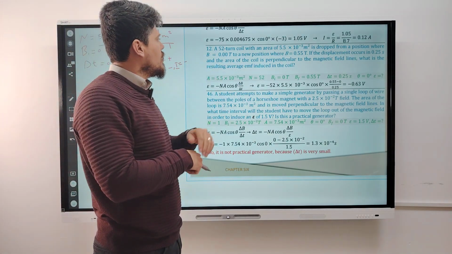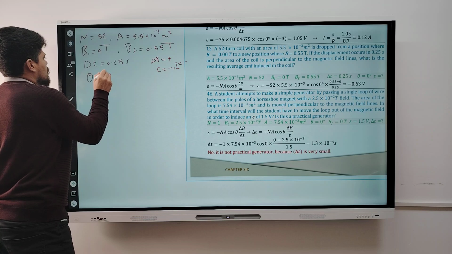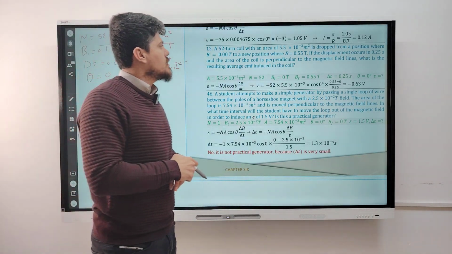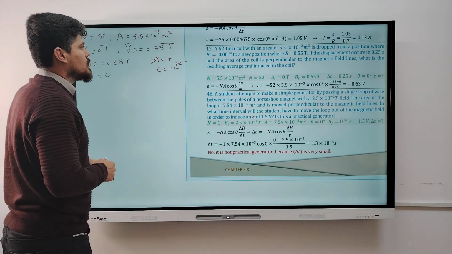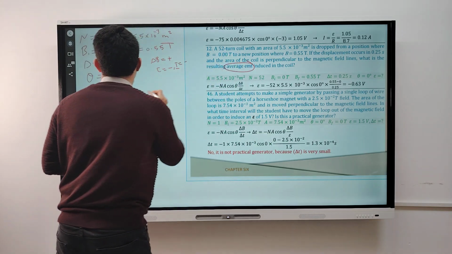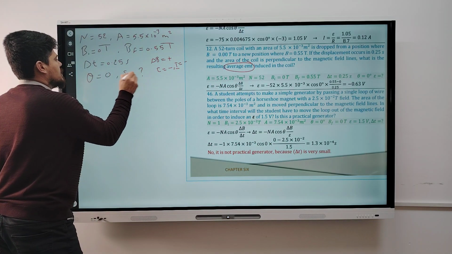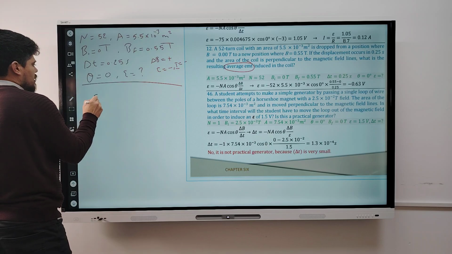Okay. And the area of the coil is perpendicular to the magnetic field. It means that theta is 0. Okay, what is the resulting average EMF induced in the coil? What is unknown in this question? Average EMF. Just replace. There is no trig in this question.